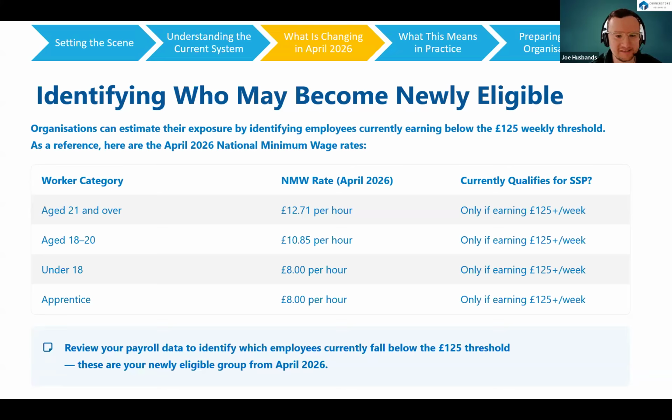On the slide, you can see the national minimum wage rates expected from April 2026. By comparing these hourly rates with weekly earnings, organisations can roughly estimate which employees may fall below the current SSP threshold. This doesn't require complex analysis. Often a simple review of payroll data can give you a fairly clear indication here.